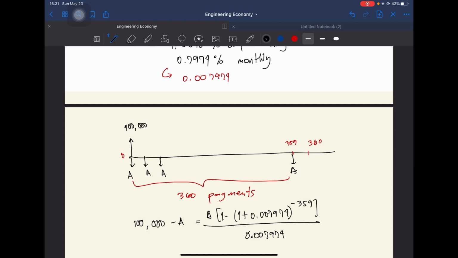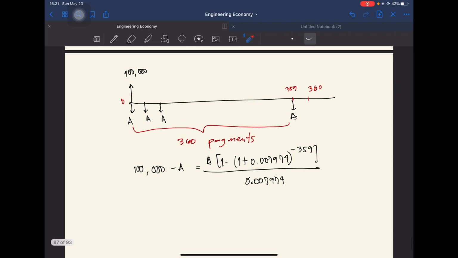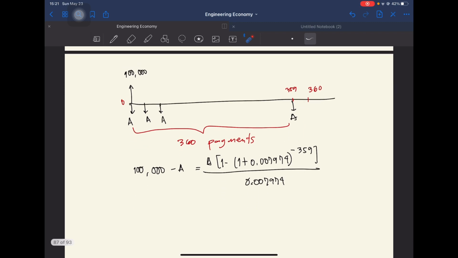As you can see, when we move this A to the right, it goes back to the annuity due formula we gave earlier.